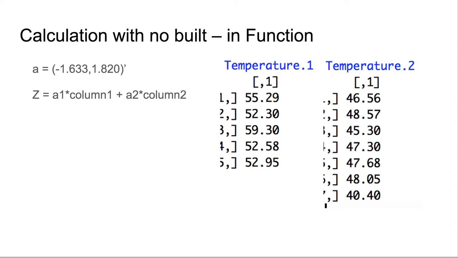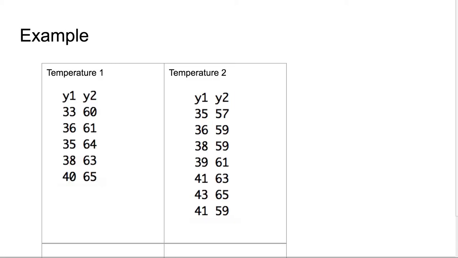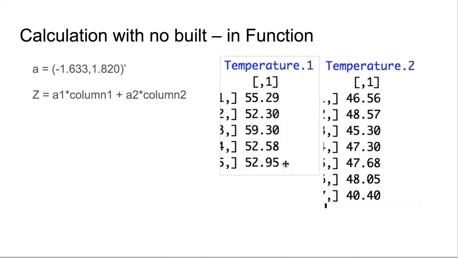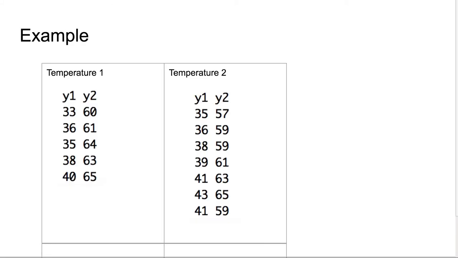And we're gonna do the same thing for the remaining rows in matrix 1. After that, we just end up with the z-score for matrix 1. And then for the second matrix, temperature 2, we do totally the same thing by using the same formula.